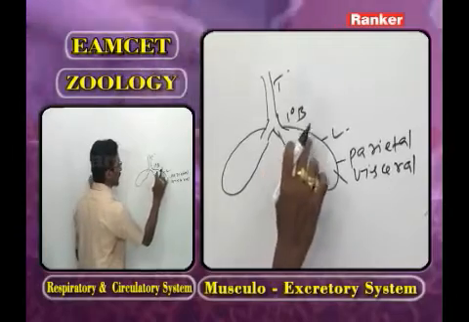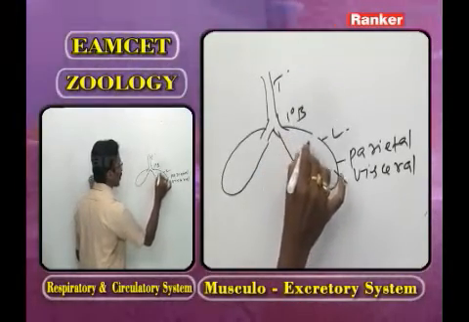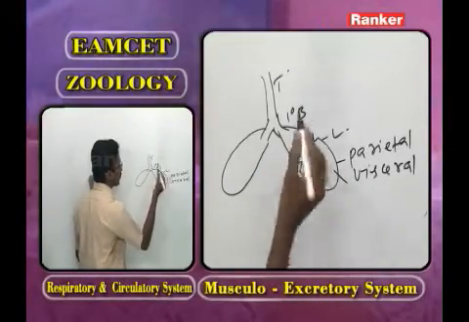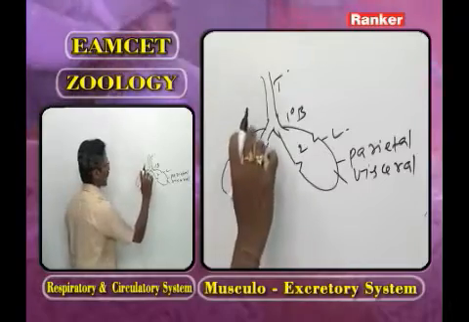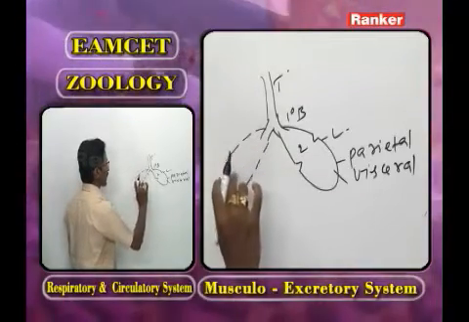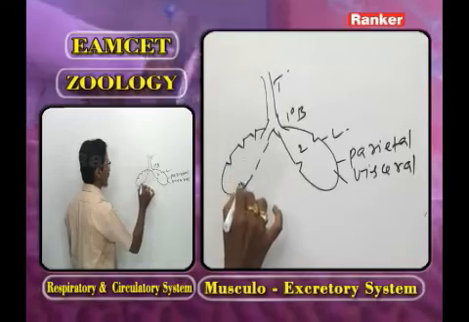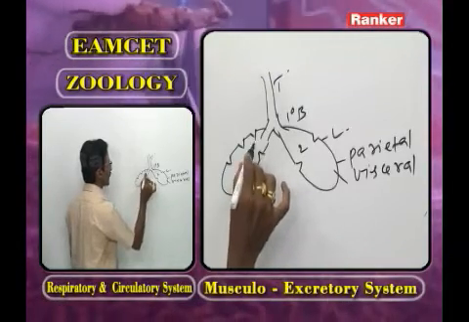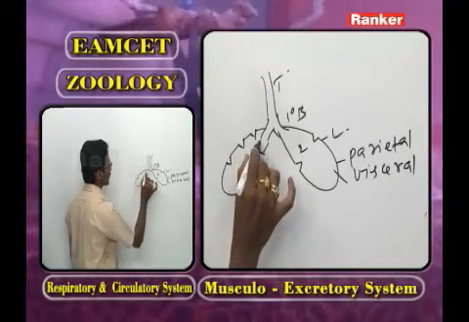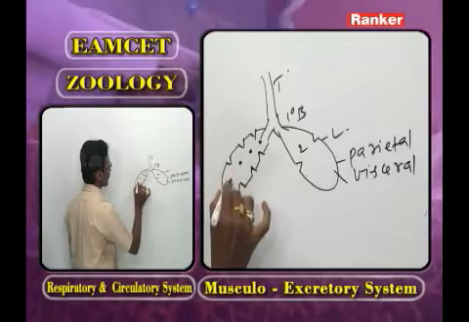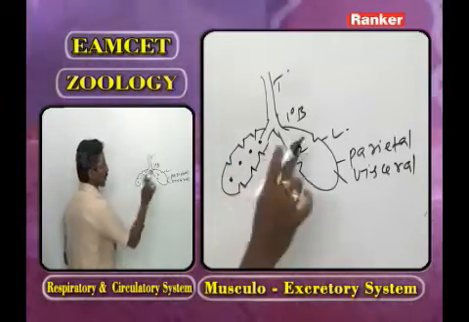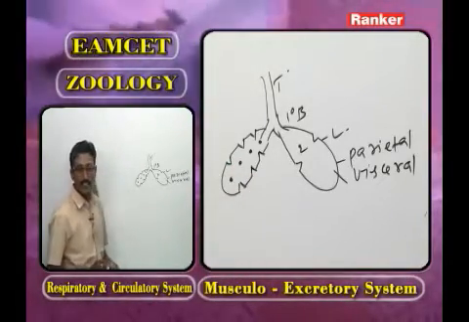But here in the left lung, how many lobes are present? 2. Now as we observe the right lung, how many lobes are present? Now you observe the diagram. In the right lung, how many lobes? 1, 2, 3, 4. So 4 plus 2. But here what is the first statement?